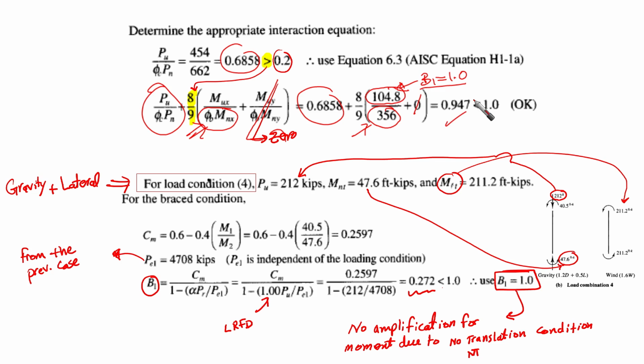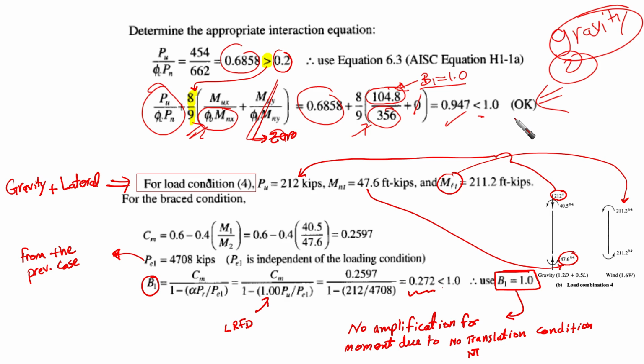Simply you can obtain the value for this case. It is 0.94, less than 1. It is okay. So this is for what? Remember, load case number 2, which is gravity. Again, gravity load. We do not have anything related to the lateral translation.